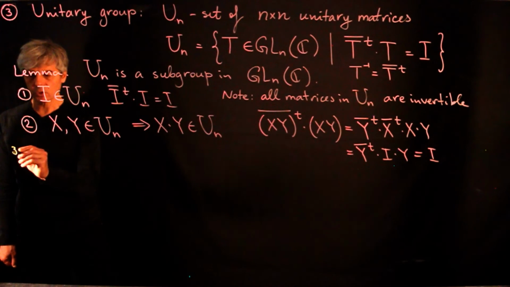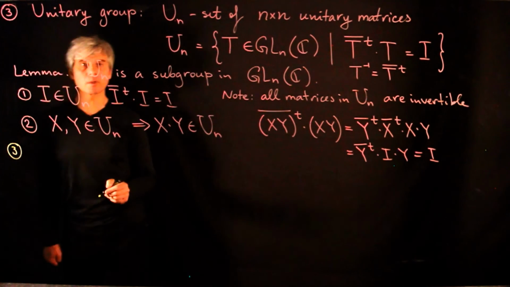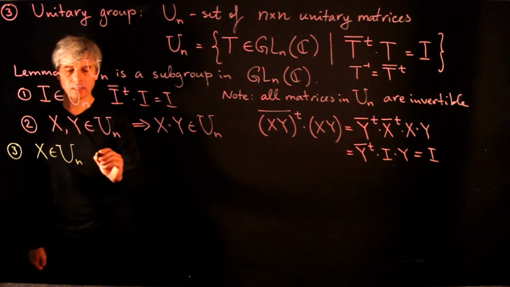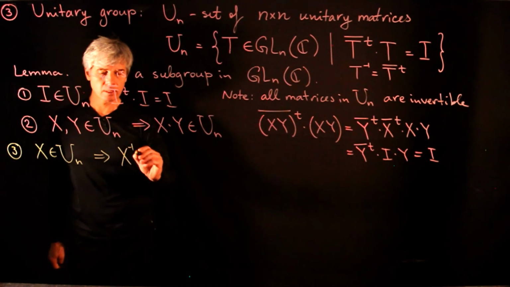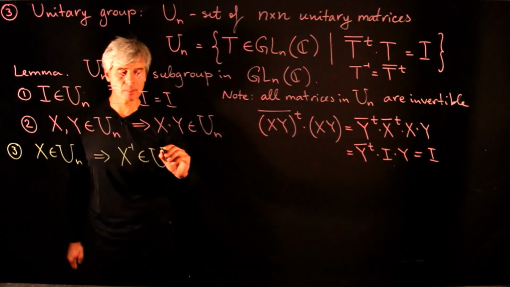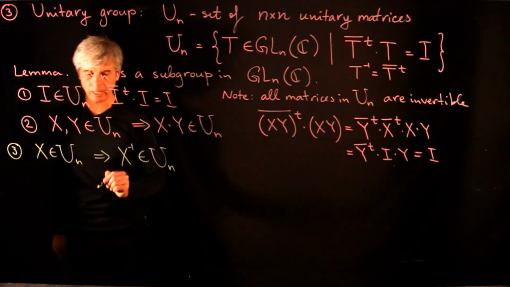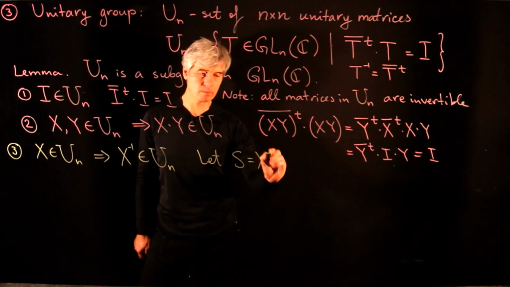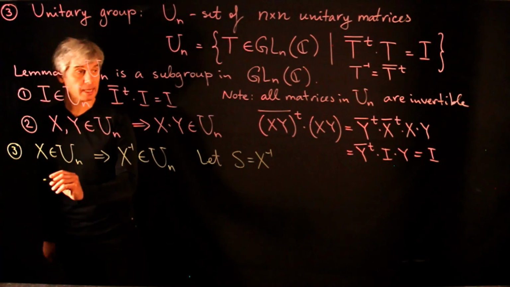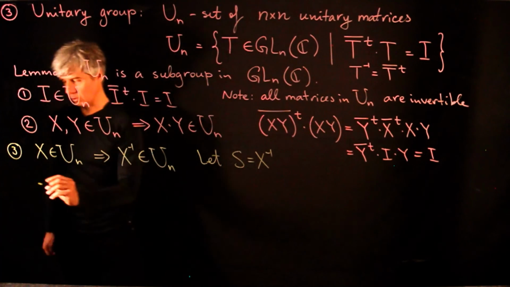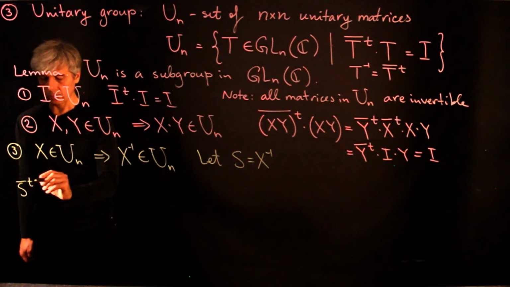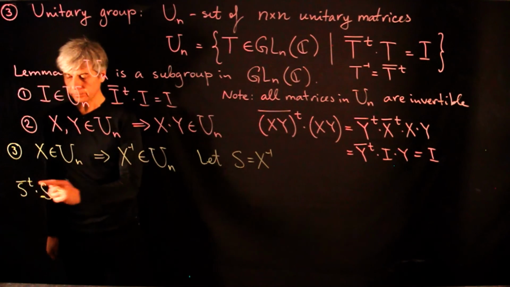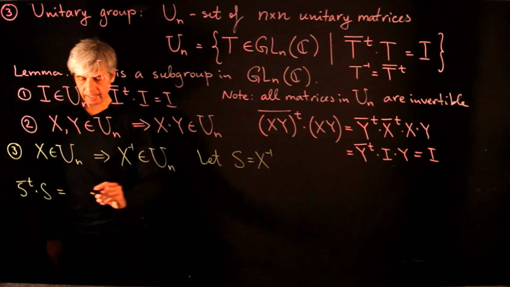And finally, we need to show that the set of unitary matrices is closed under inversion. So this means that if X is a unitary matrix, then X inverse is also a unitary matrix. So let us just set S to be X inverse. What we need to show is that S satisfies this condition. So we need to take S bar transpose times S and show that this is identity. Now, S is X inverse.